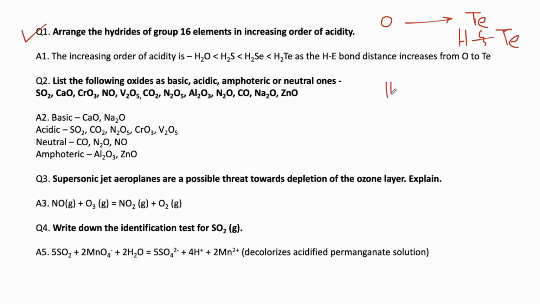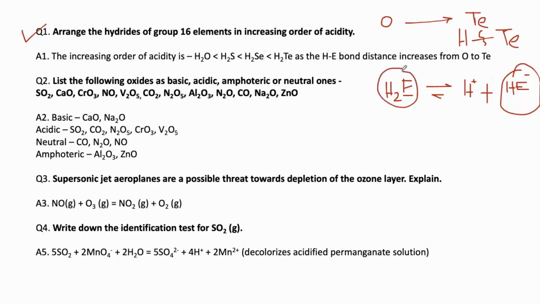Suppose we have the general formula H2E, where E can be from oxygen to tellurium. If it has to behave as an acid, it will release H plus and form the conjugate anion, that is HE minus.